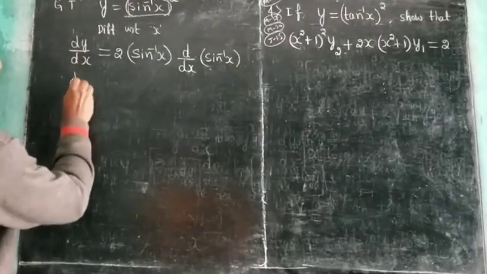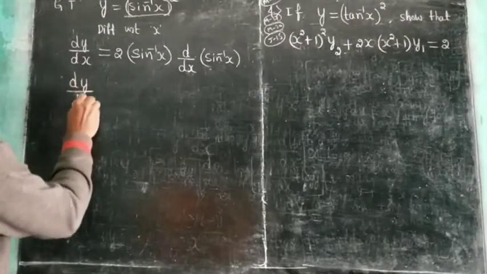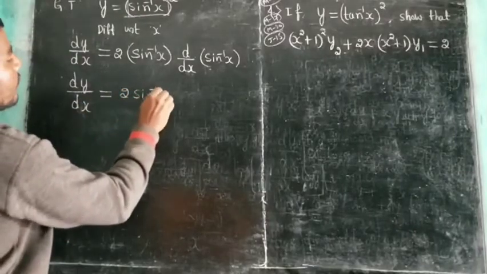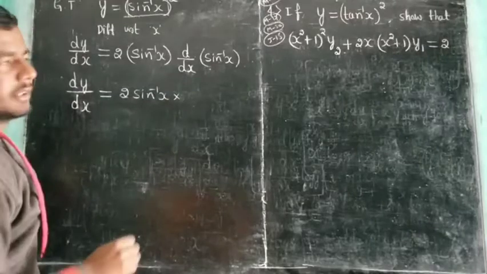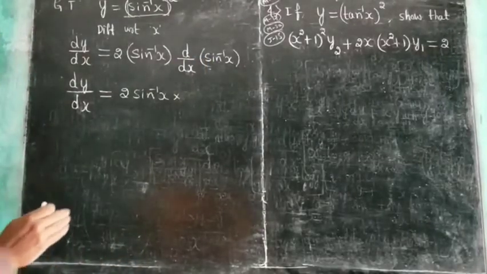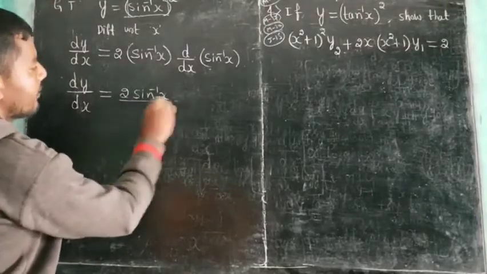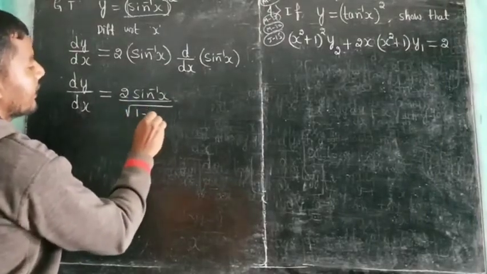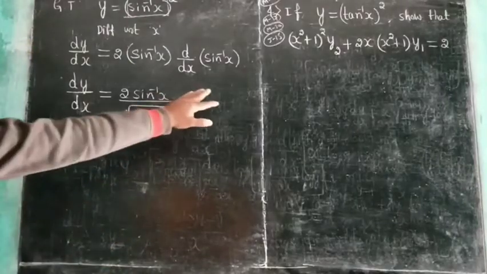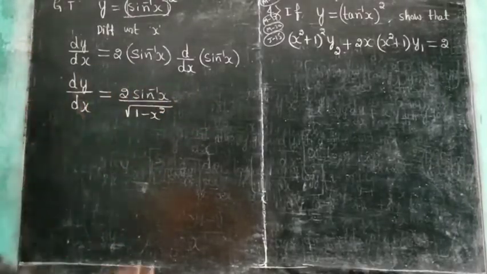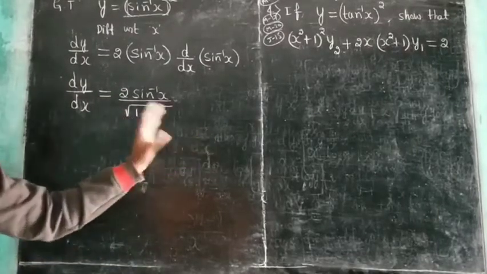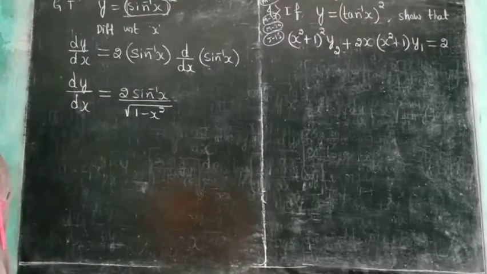So dy divided by dx is equal to 2 into sin inverse x into, write the derivative of sin inverse x, 1 divided by root of 1 minus x square. In the numerator we have a 1 into 2 sin inverse x is 2 sin inverse x. In the denominator, root of 1 minus x square into 1 becomes root of 1 minus x square.